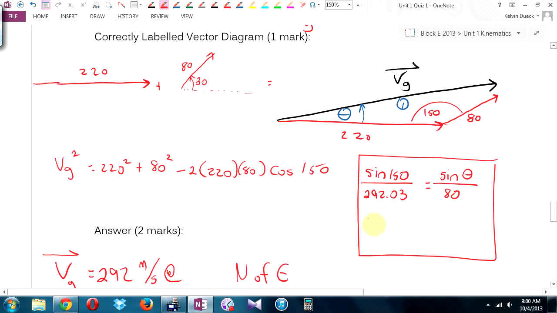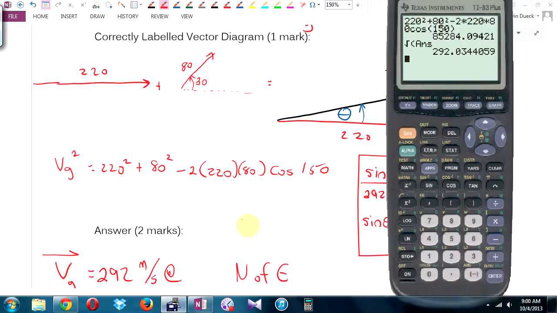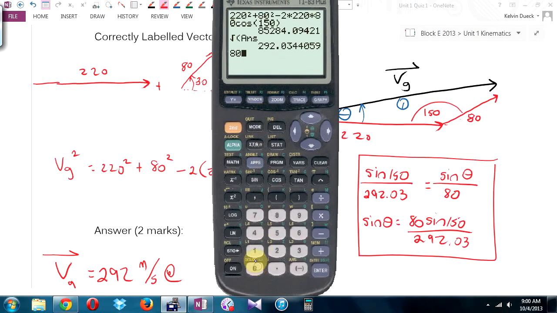When I cross multiply, I get sine theta equals 80 sine 150 divided by 292.03. That's the sine of theta. How can I find the angle? Inverse sine of that. And I get an angle of 7.9 degrees.